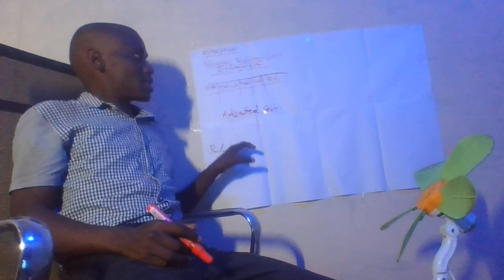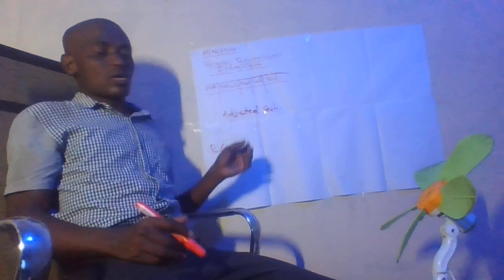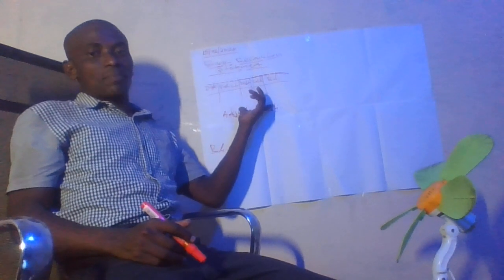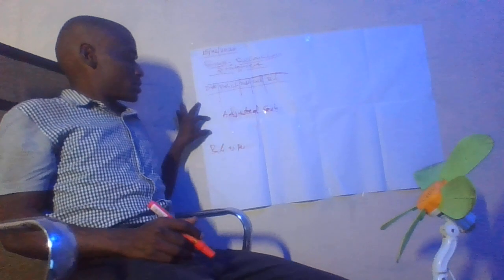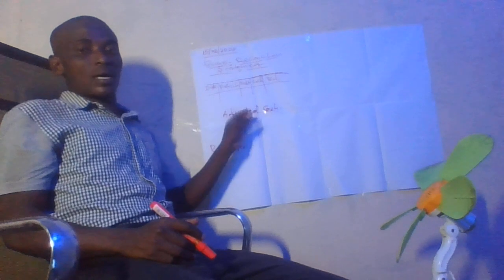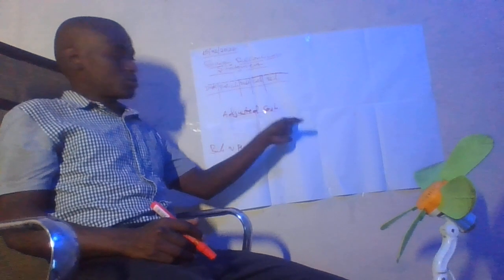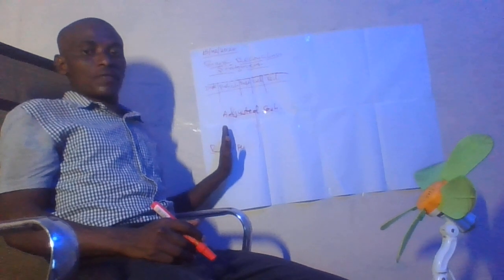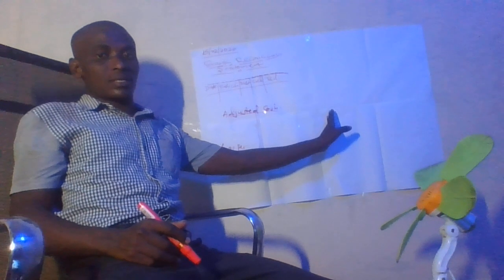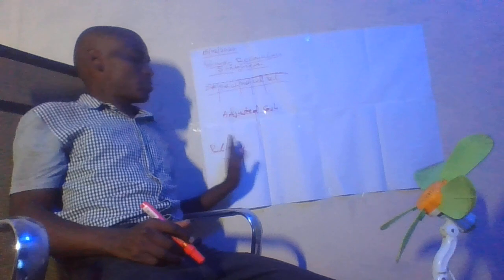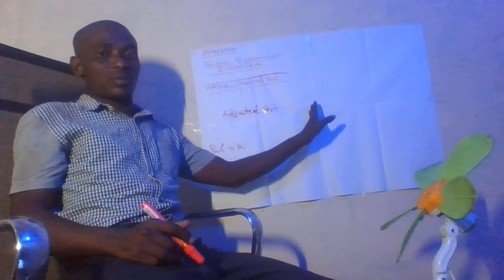Then this balance brought down, you are going to take to the bank reconciliation statement. You record this as balance as per adjusted cash book. If it is debited in the cash book, you credit the other side in the bank statement.